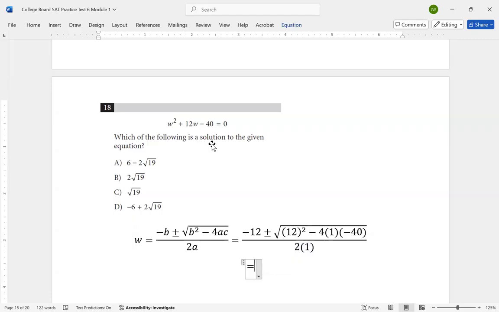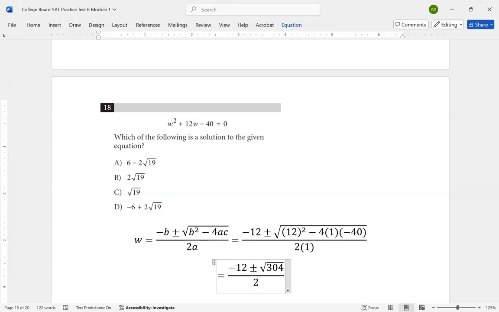And then we just simplify that. Negative 12 plus or minus the square root. And then inside that square root, 12 squared is 144. 4 times 40 is 160. So we end up getting square root of 304 divided by 2.